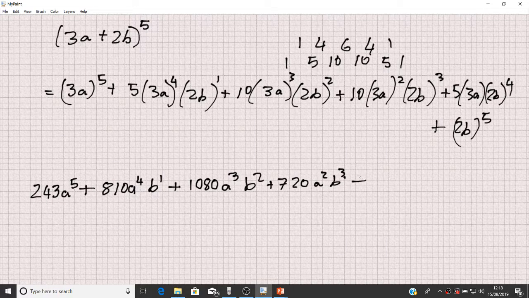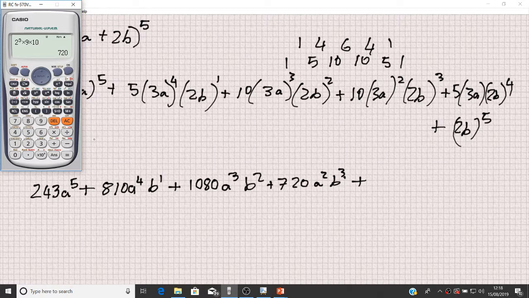The next term we have 5 times 3 times 2 to the power of 4. So 5 times 3 times 2 raised to the power of 4 is going to give us 240.